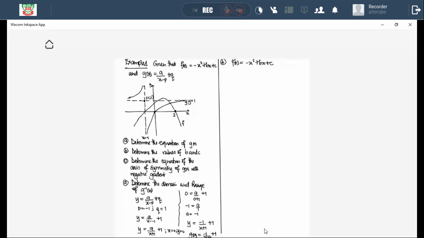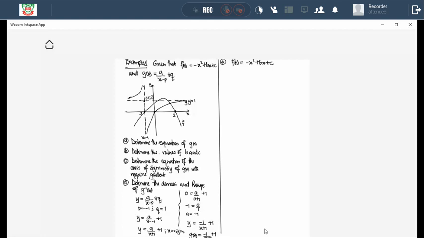There are two cases. Either you're given the roots or you're given the turning point. In this case, I can see that I've got the first root, which is 2, and the other root. Remember, if you look at that graph closely, you can see that the vertical asymptote of the hyperbolic function can also be identified as the x-intercept of the function f of x. So the other root is negative 1.